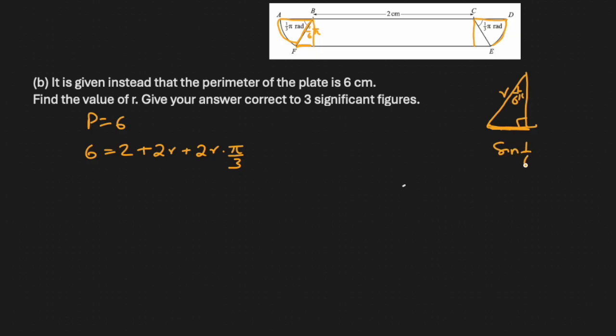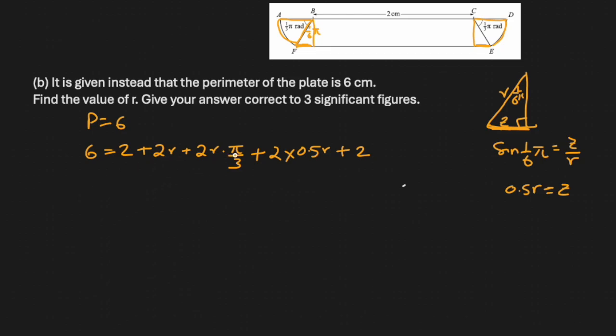Sine 1 over 6 pi is equal to, let's call it z this time, so z divided by r. So z comes out to be, because this is half, 0.5 r. So we will add this length as well as this length, which is twice of 0.5 r. And then we have 2 in middle, this 2. Every length of the perimeter has been taken care of.